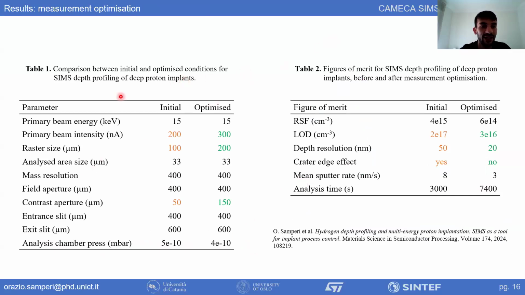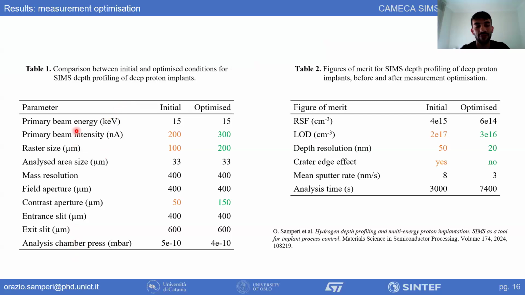Here briefly I put these two tables. These are taken from the paper, but it's just to show you what are the parameters I've worked on. In table 1, you can see the initial conditions and optimized conditions, and here I put some parameters of interest.